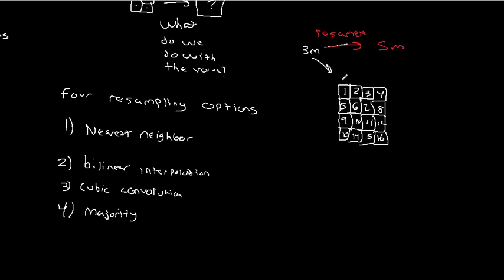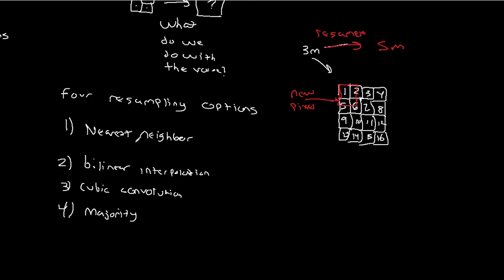If we kept the same corner, you might have something that looks like that. This red box here is our new pixel. So the question becomes, what do we do for the pixel value in here?